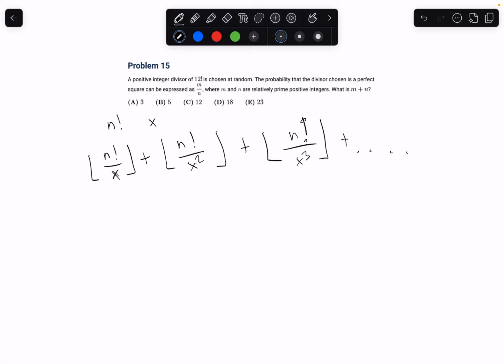We can do this pretty easily with 12, since it's not that large of a number.